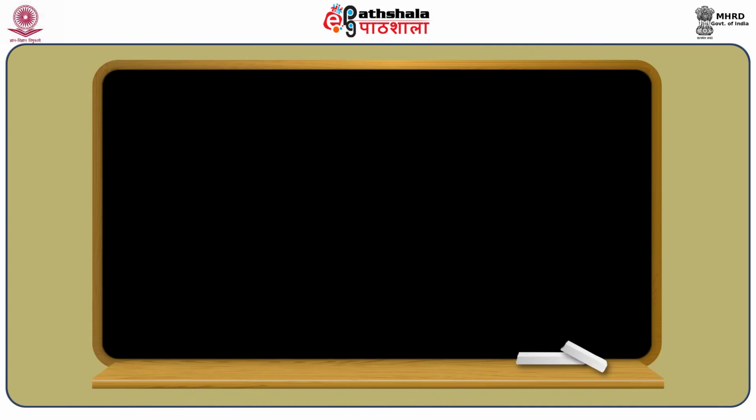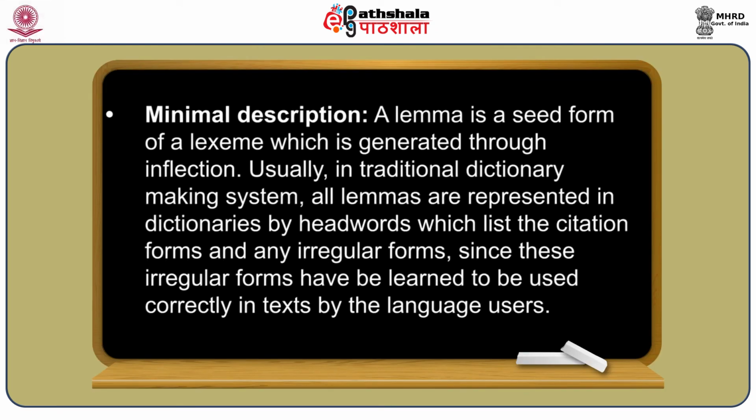When describing the lexicon, one adopts a method to use the minimal description. Suppose, to describe the size of a lexicon, we can group lexemes into lemmas, the basic non-inflected forms. A lemma is a seed form of a lexeme which is generated through inflection.